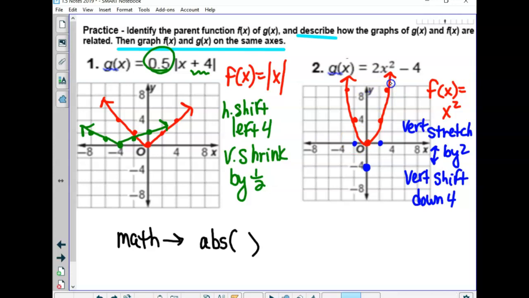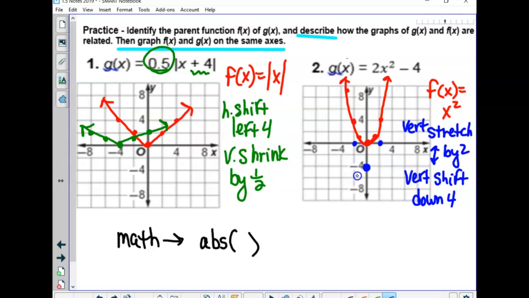The parent was supposed to be plain old x squared, so it should have gone through what? 1, 1, 2, 4. Is that what I did? Now I just erased it? 3, 9. Okay, just kidding. Okay, I did it right. I thought I messed it up.